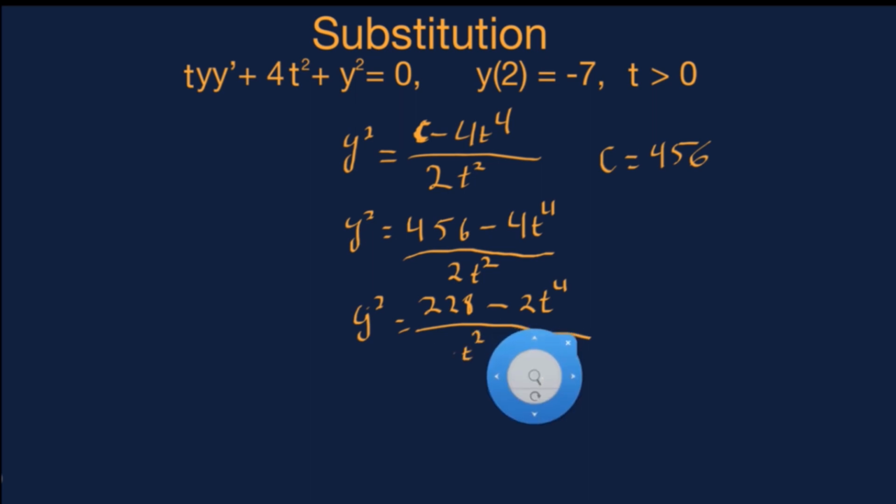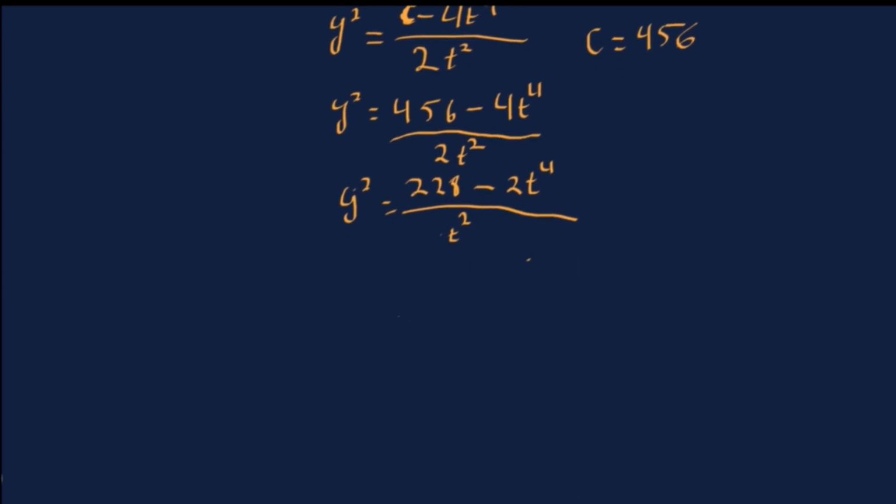And then when we take the square root of both sides, we get y is equal to plus or minus the square root of (228 minus 2t to the fourth) over t squared.